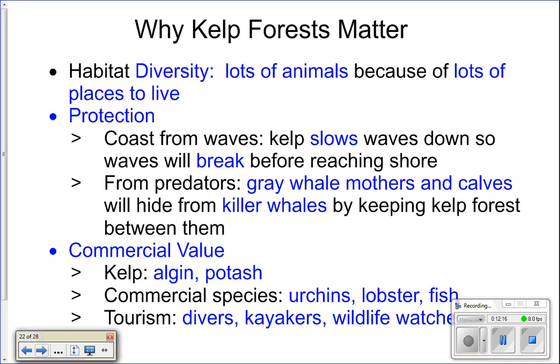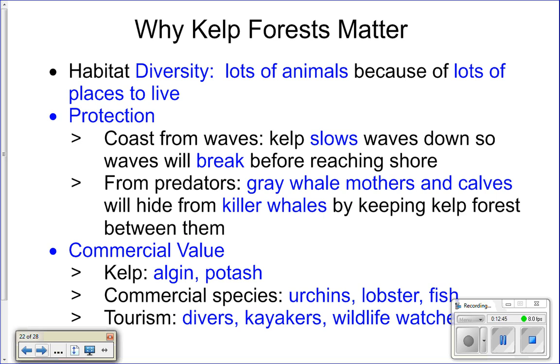It also provides protection for migrating mothers. So gray whales and their calves will migrate every year, and killer whales like to hunt baby gray whales, because they're very vulnerable. They may be big, but they're not super strong and good at swimming yet. So they will be hunted by killer whales.